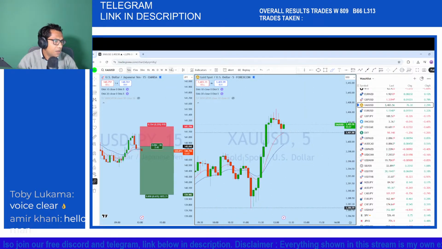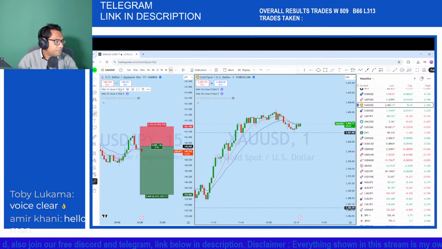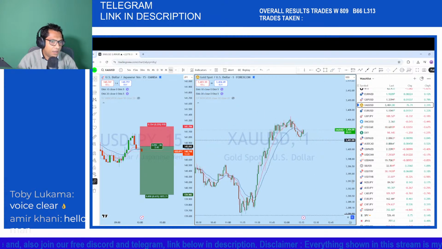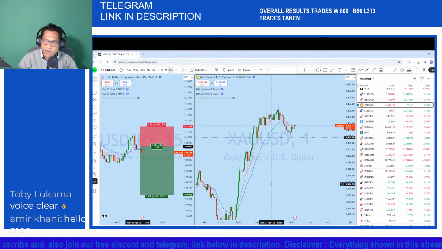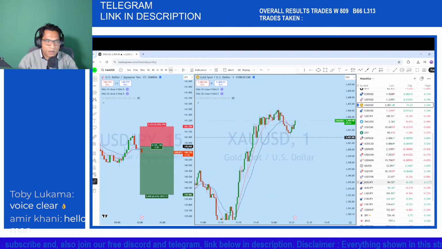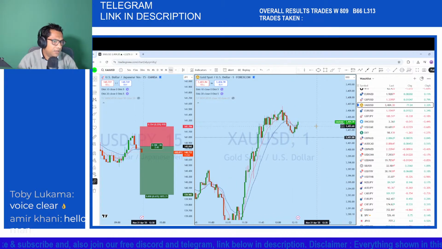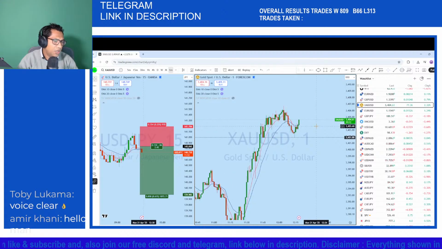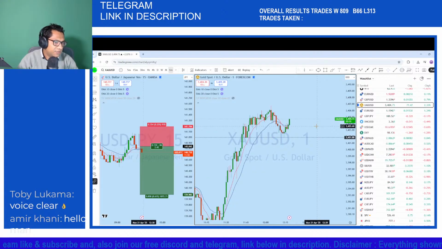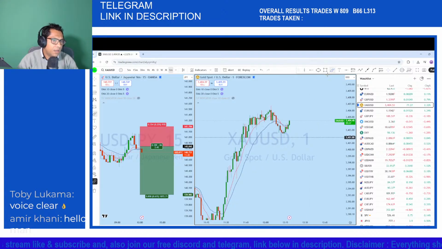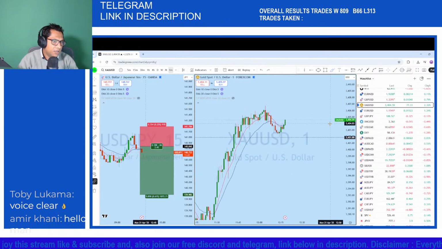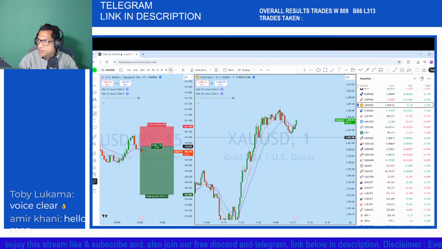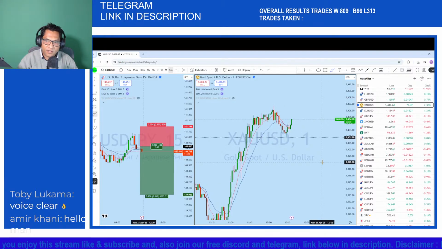Looking at the lower time frame, we can see that the market is in a trend in the major direction. As soon as we see the market has broken the structure, we will be looking for entry in this market. So let's look at where we can find that possible entry.